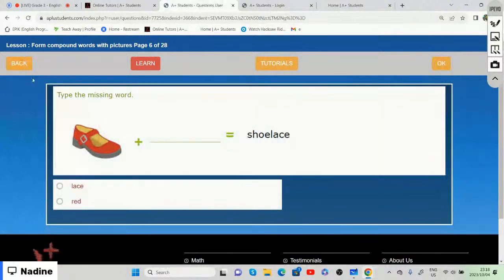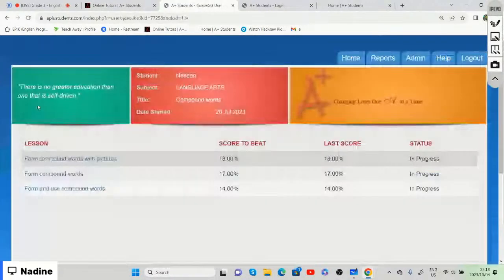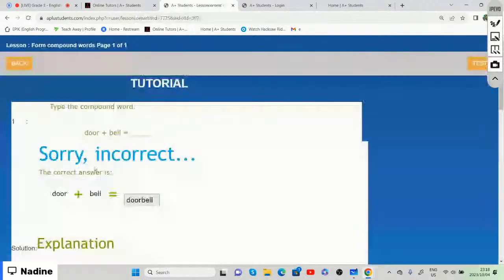So that was us forming compound words with pictures. Well done. So far, you already know how to identify compound words. All right, so now we're going to form compound words by having two smaller words that we add together to get our compound word, right?